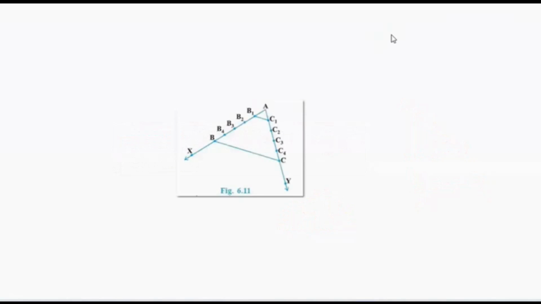So look here. From A, two rays are drawn, ray AX and ray AY.